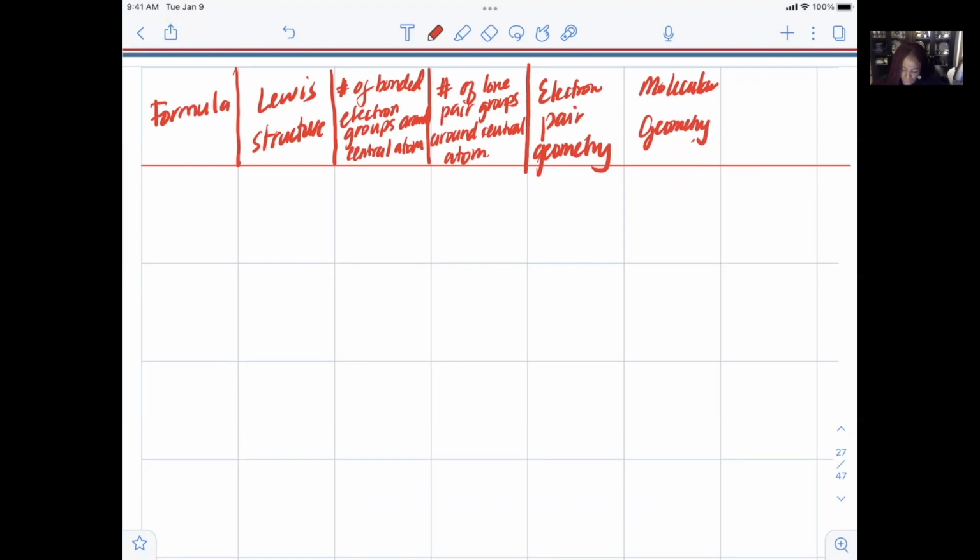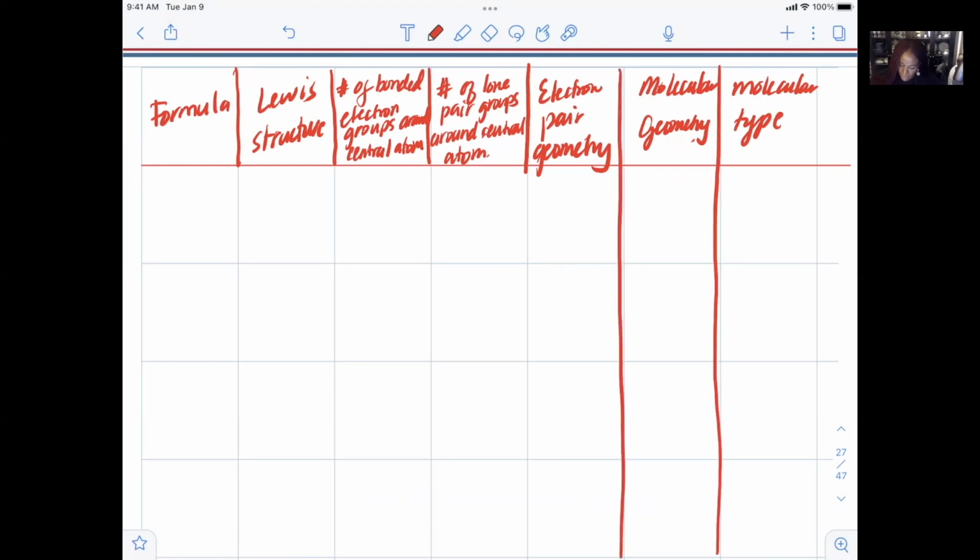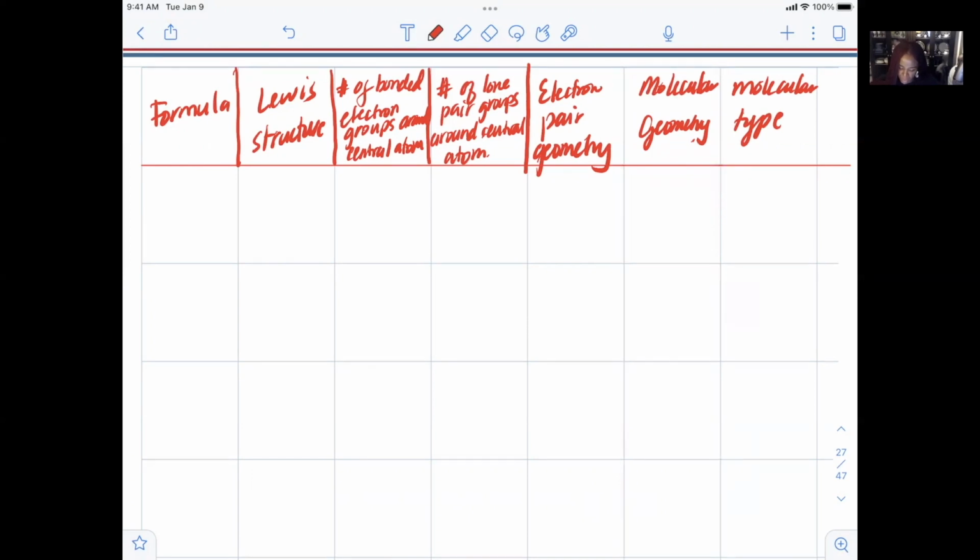And then I'll say here, molecular type. So what I'm going to do when I'm done working on this, I'm going to actually get one. Wait, I don't need all this, do I? This is visible enough, right? Okay, I'm assuming this is visible enough because, yeah, molecular type. What I'm going to do is when I'm done with all this.